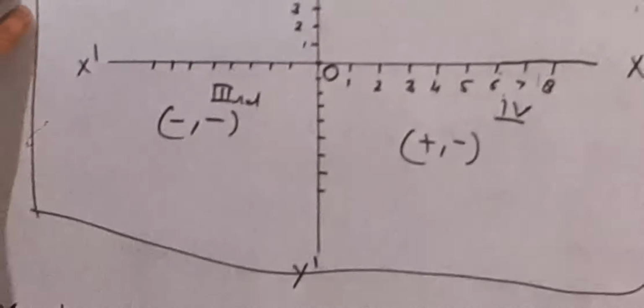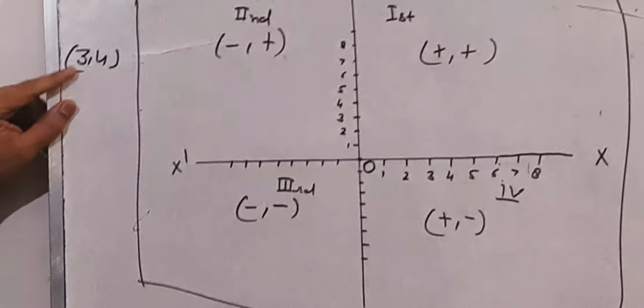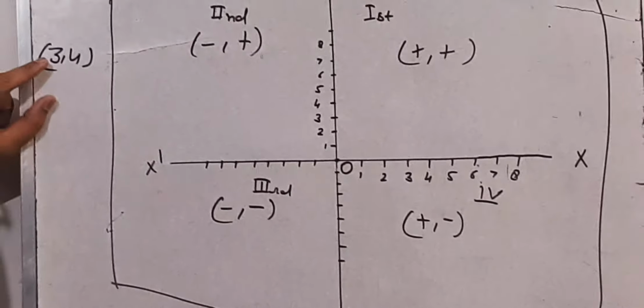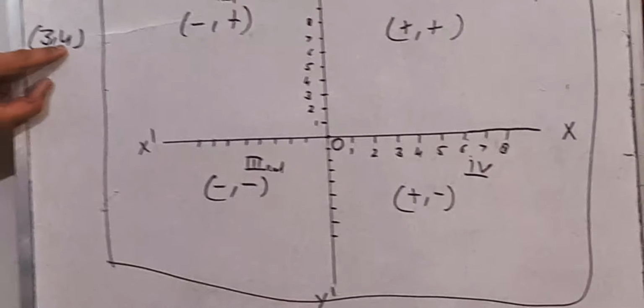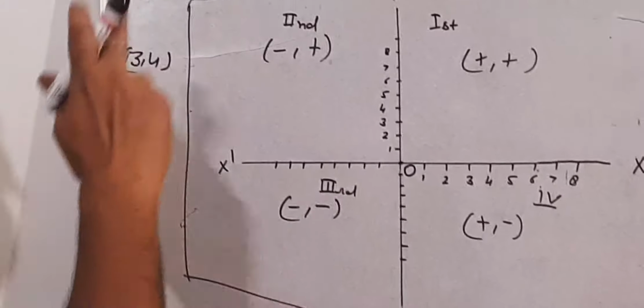But the question is, where will we locate this point? In the first, second, third, or fourth quadrant? Now see the sign of the x coordinate and the y coordinate. The first coordinate is always known as the x coordinate, and the second coordinate is always known as the y coordinate.